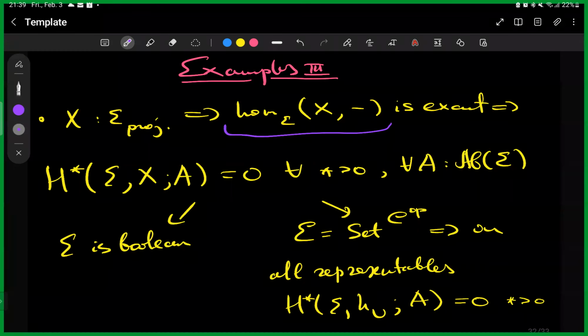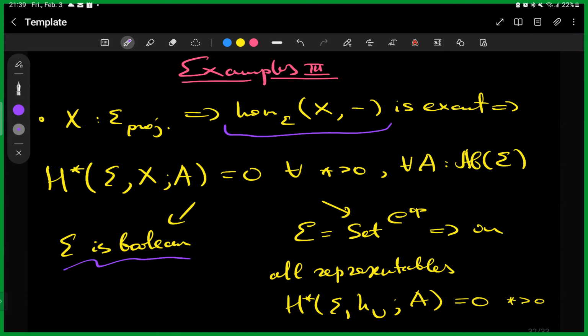So above degree 0, cohomology of X with coefficients in A vanishes. And there are two particular examples of this fact. One example is given by Boolean topoi. There, an arbitrary object is projective, therefore there is no cohomology at all above degree 0.